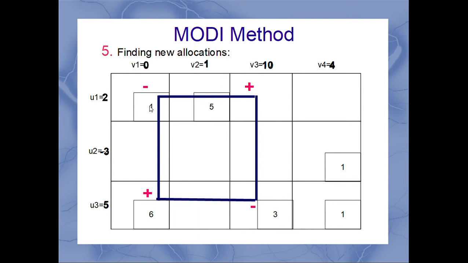We have started from this allocation, so I have taken our original allocation. And for these minus places I am having two negative signs. One is here and another one is in this corner. In these two places I am having 1 and 3. In these two numbers 1 is the minimum. So this 1 I am going to add and subtract to the corners of the loop. Clear?